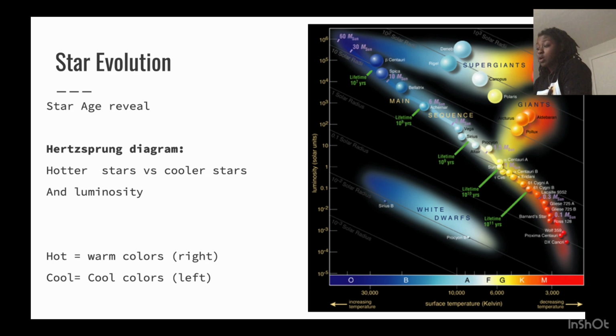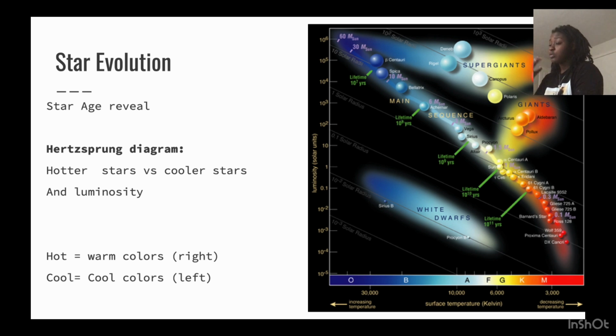The Hertzsprung-Russell diagram is the picture that is shown, and it's of all the different types of stars and their temperatures and their luminosities.